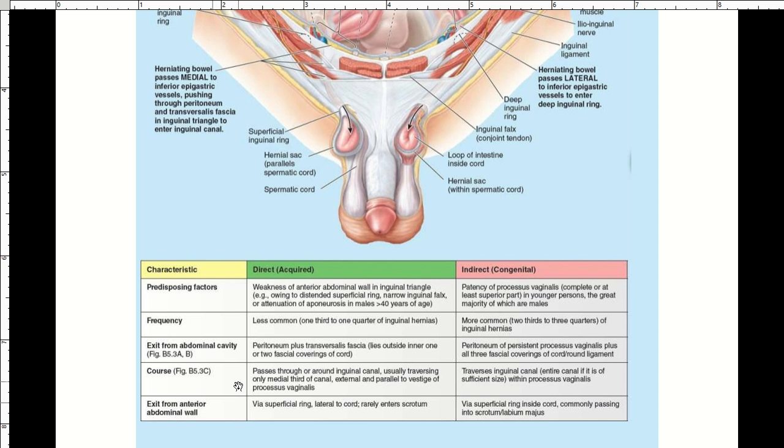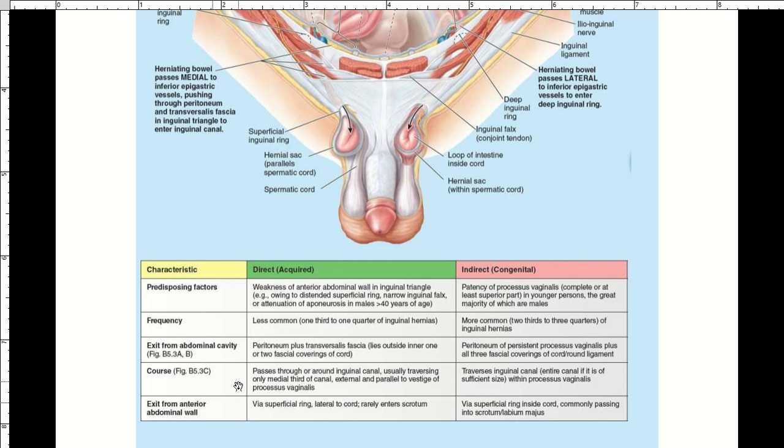And then lastly, exit from the anterior abdominal wall. The direct inguinal hernia exits via the superficial ring, lateral to the cord and outside the spermatic cord, and usually does not enter the scrotum.